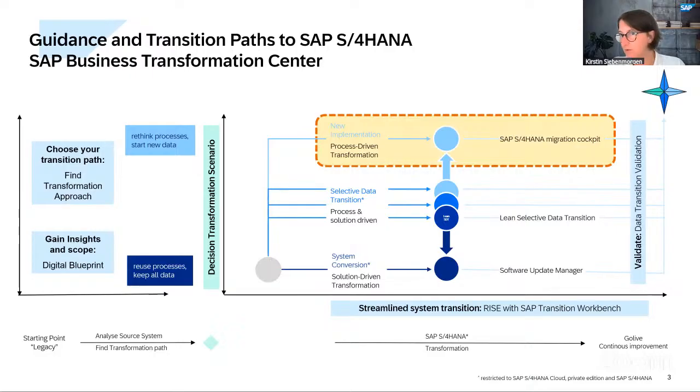You leave your historical data and your business data behind because you really start new with new processes in the SAP S/4HANA. So we call this the greenfield approach. And that's where I want to deep dive now with the migration cockpit.